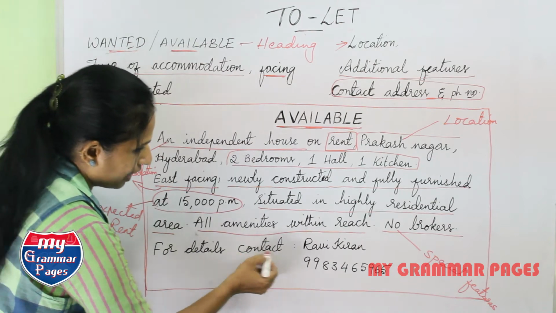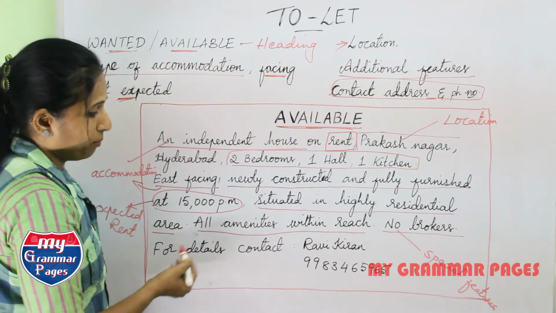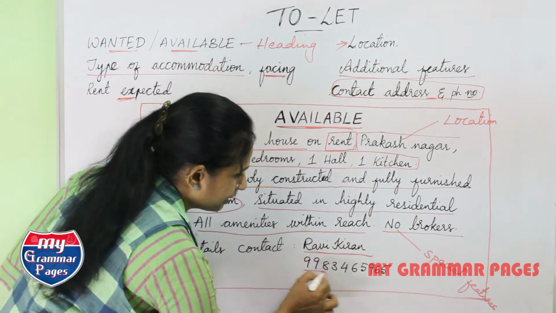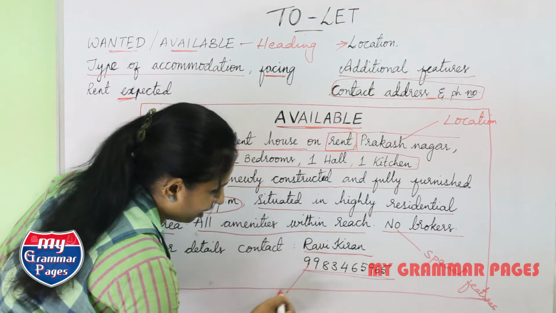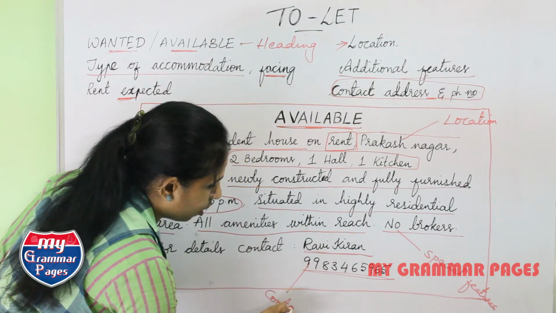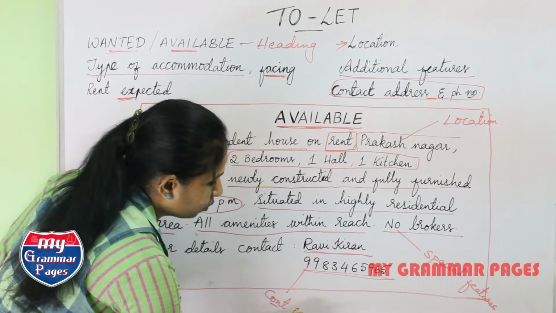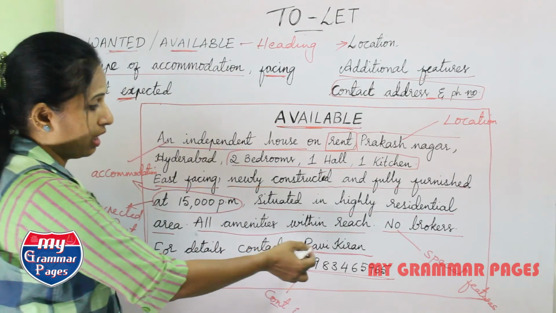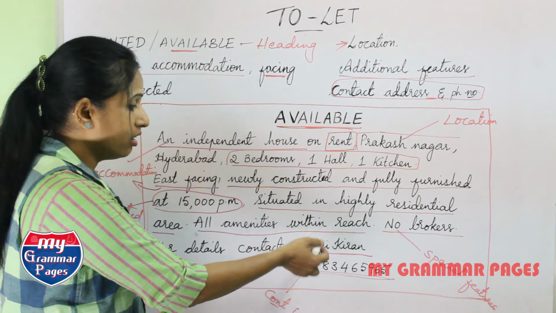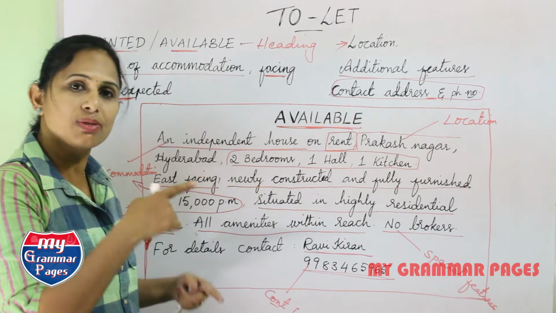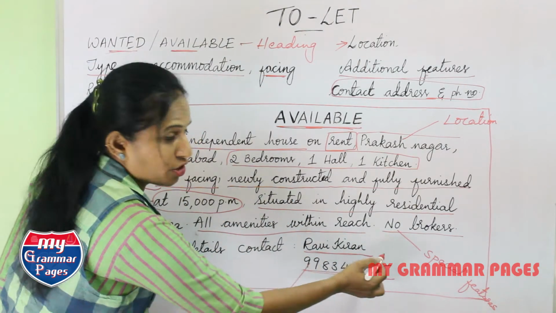After that, we have directly given the contact information. So this is the name of the person and his mobile number, that is the contact number. This goes under contact information. If you do want to give his address along with the name of the person, Ravi Kiran, and his number, you can mention it here.